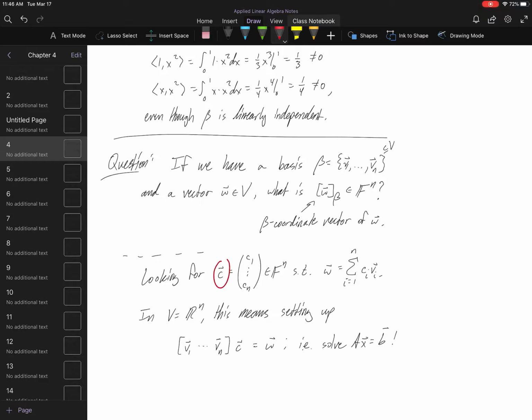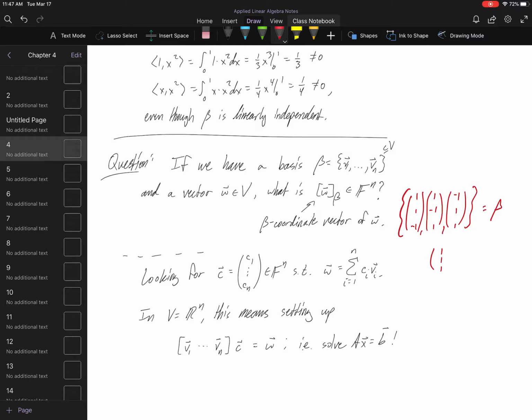So if we are looking for the weights, the weight vector C here, that produces this vector W with respect to the beta basis, we actually have to set up a particular set of equations. Maybe the basis is (1, 1, -1), (1, -1, 1), and (-1, 1, 1). So this would be our beta set here.